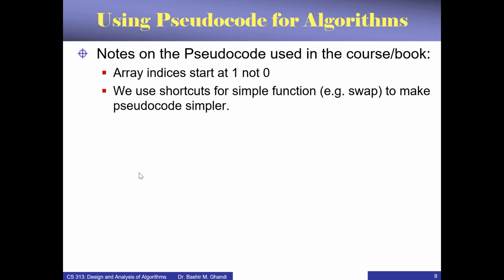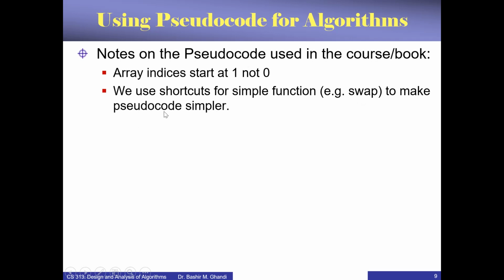Point number 2 is we can use shortcuts for simple functions such as swap. And you don't have to go and implement swap within your algorithm. You can assume that there is another algorithm called swap, or another function that you can call.